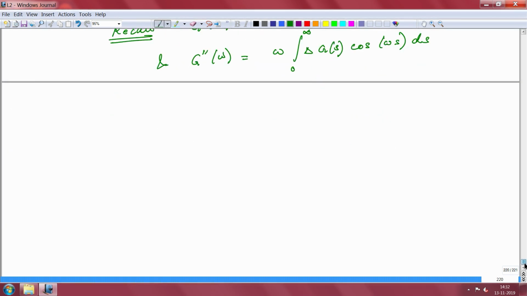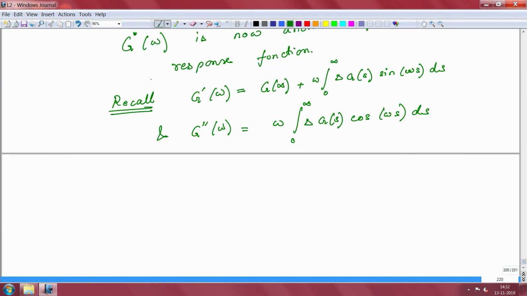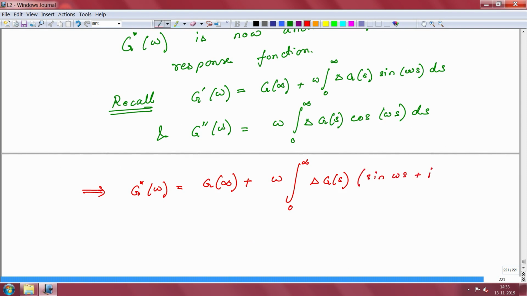Right. So, now if we use these expressions, this implies that my complex modulus is nothing but G infinity plus, now I can add these two integrals, right. So, I will just say omega is common to both the integrals, go from 0 to infinity, and you have the function delta G s that is common to both, and this is going to be sine omega s plus i times cosine omega s ds.